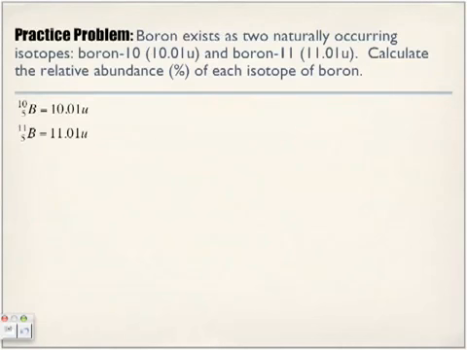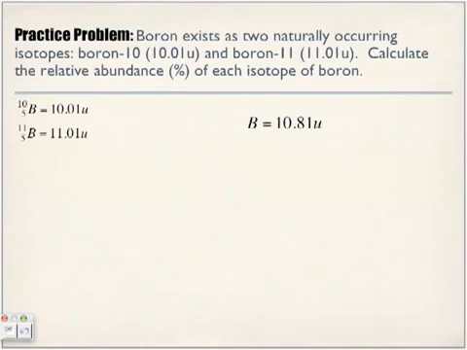Boron 10, that's the atomic mass, 10.01. For boron 11, it's 11.01. It's coincidental that they're off by just one unit; not all of them will be like that. We also know that boron, according to the periodic table, has an atomic mass of 10.81. So here's the hint.